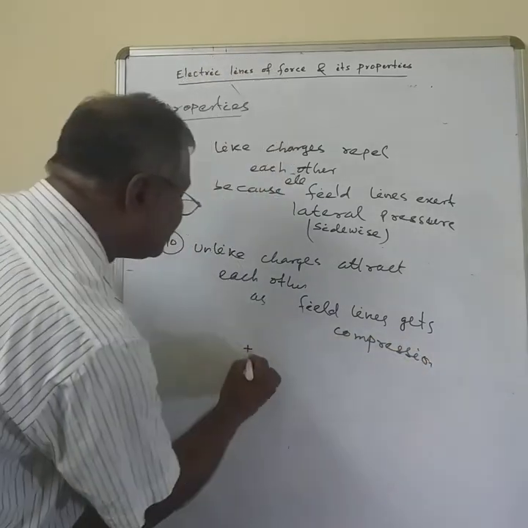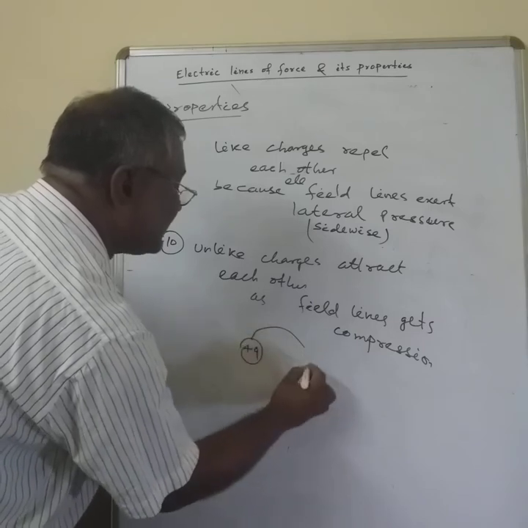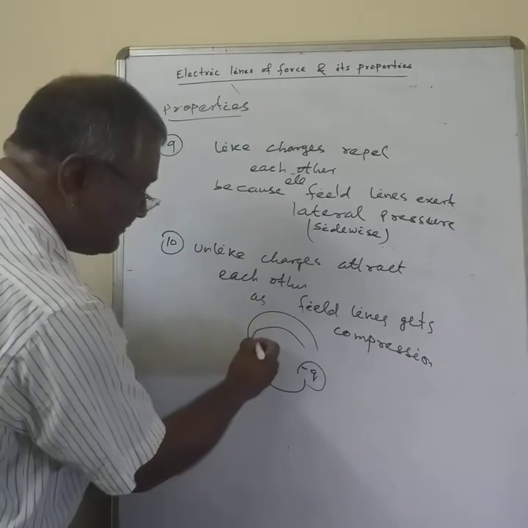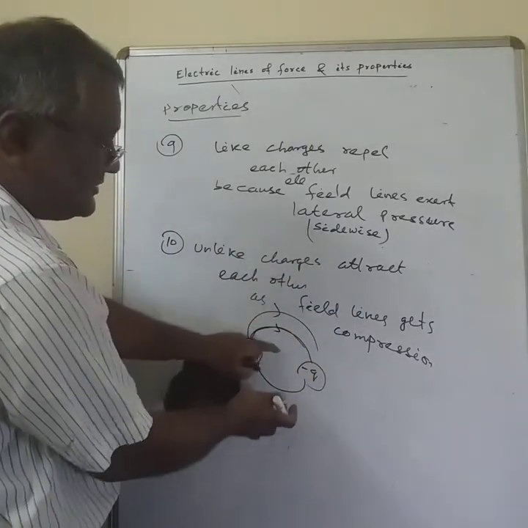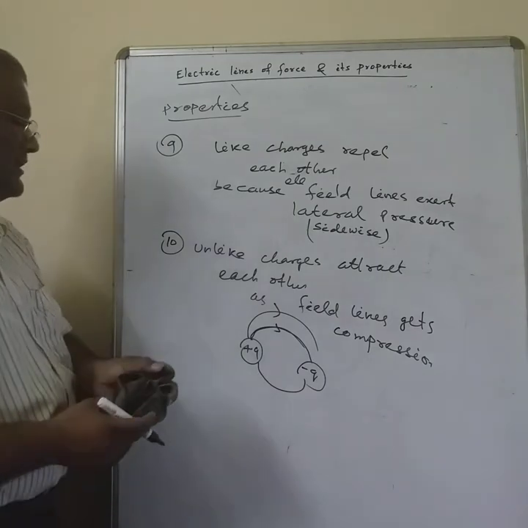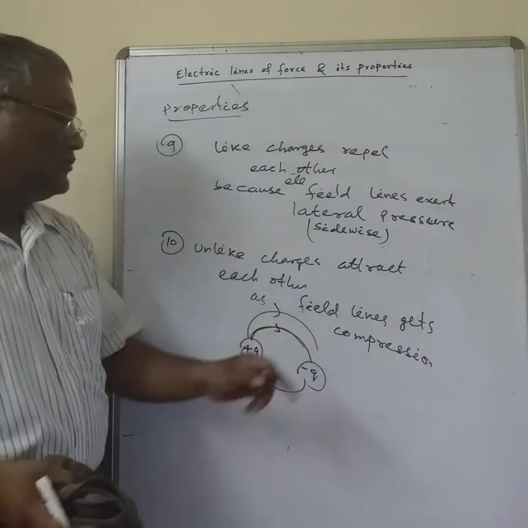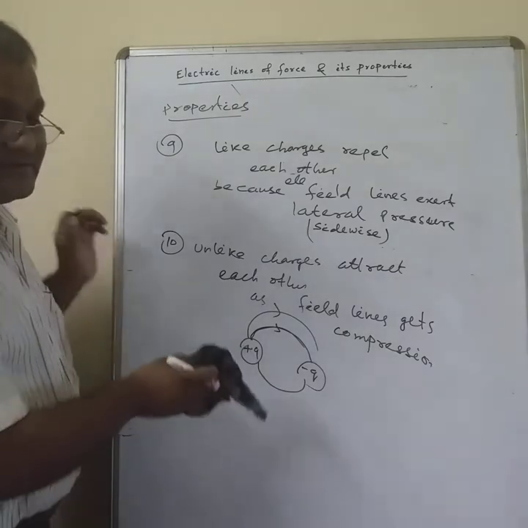As already discussed, this is plus and this is minus charge. The field lines were like this. They are compressed. It becomes a bow form. So this compression is taking place because unlike charges attract each other. The reverse is also true. Why are the field lines compressed? Because unlike charges attract each other.